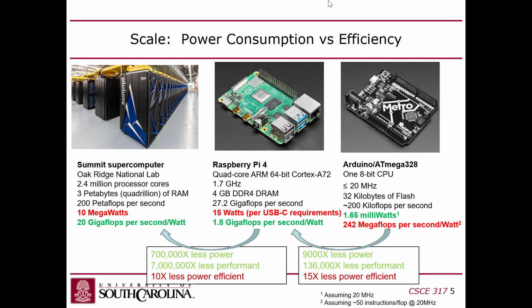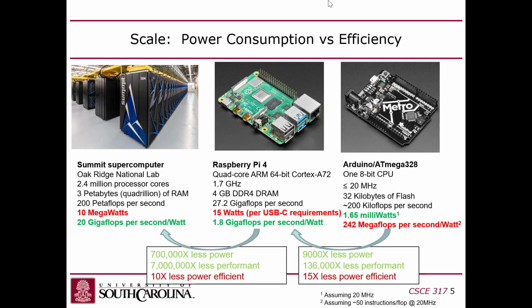This ATmega328 uses 9,000 times less power than the Raspberry Pi processor. It's crazy, right? Imagine that: if you had the Raspberry Pi hooked up to a battery that lasted one day, this would last 9,000 days on the same battery.